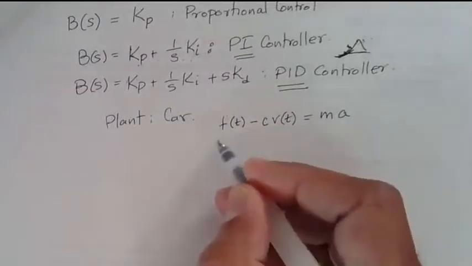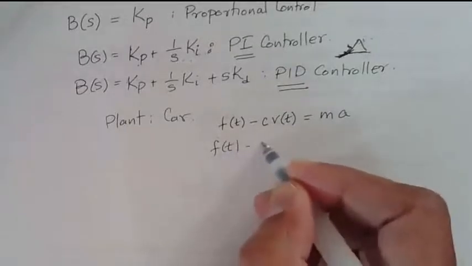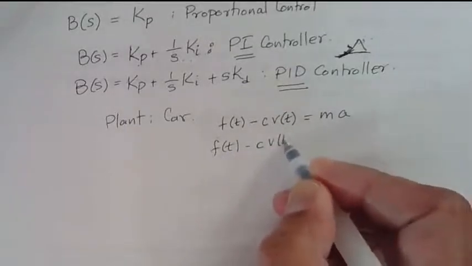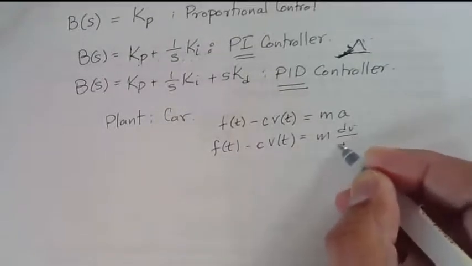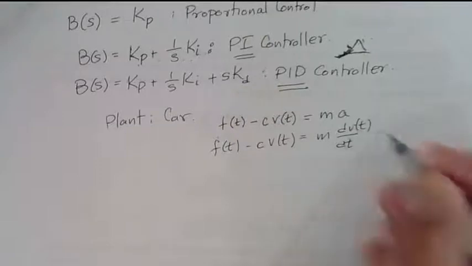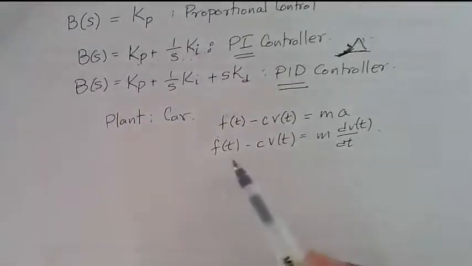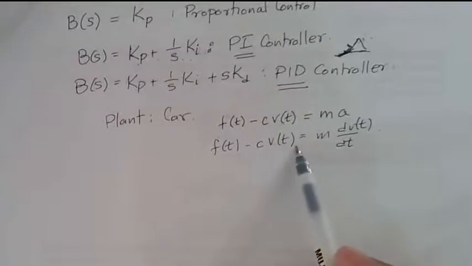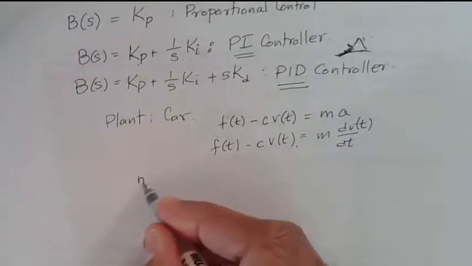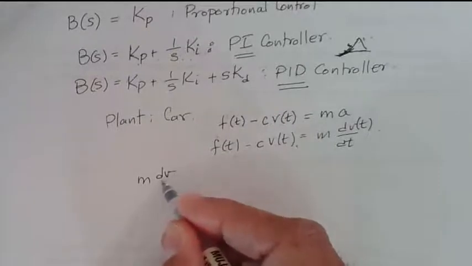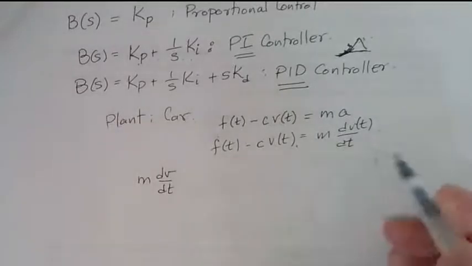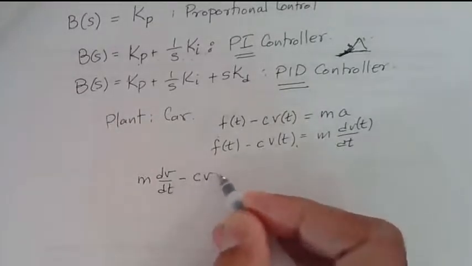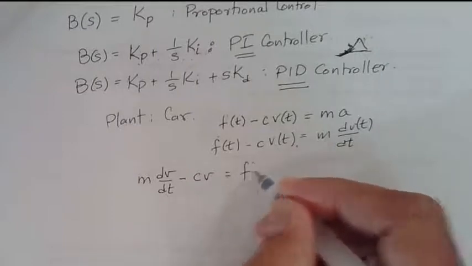So I can write this as f(t) minus c v(t) is equal to m times dv/dt. Okay, so as far as the car is concerned, the input is the force and the output is the velocity. Let's set it up that way. This is clearly a very simplified version. So it's m dv/dt minus cv is equal to f.